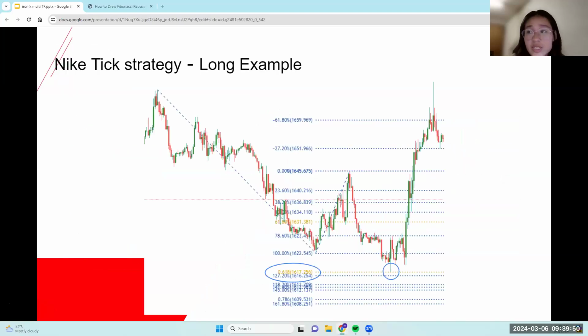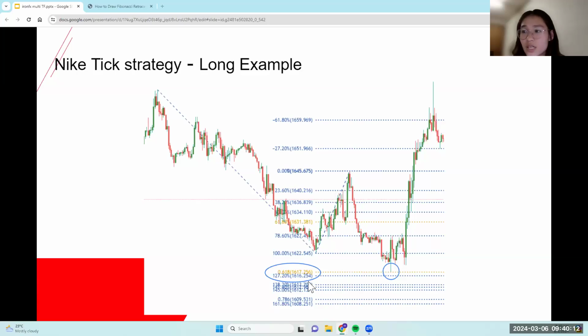Here's a long example instead. Again, you can see the shape of the Nike tick. In this case, it's an upside down tick, or rather an inverted Nike tick. So the head is from here, starting point here, ending point here, and the tail is here. We're expecting price to bounce off here, and it did.